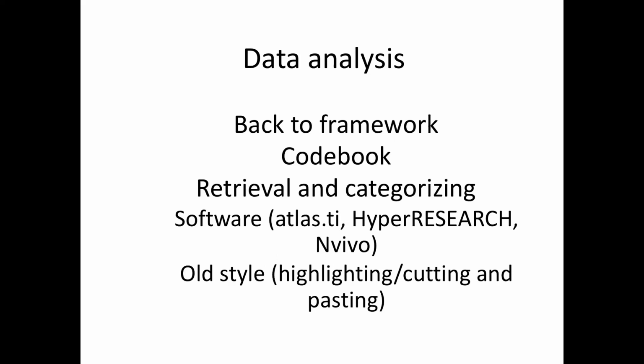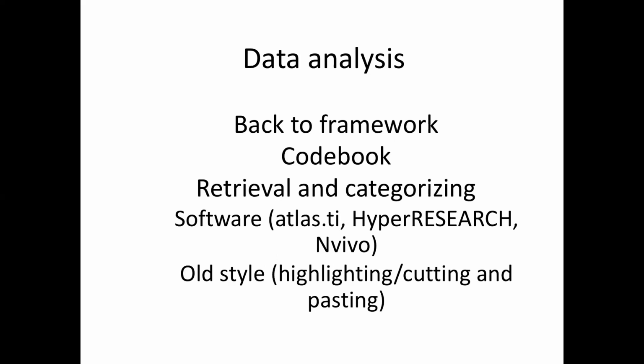Next, data analysis. You need to go back to the theoretical framework that you've decided to employ for your study and connect your data analysis to your framework. Often in qualitative research, data analysis involves creating a code book or a list of codes with their definitions. And you might choose to use retrieval and categorizing software such as Atlas TI, HyperResearch, or NVivo.